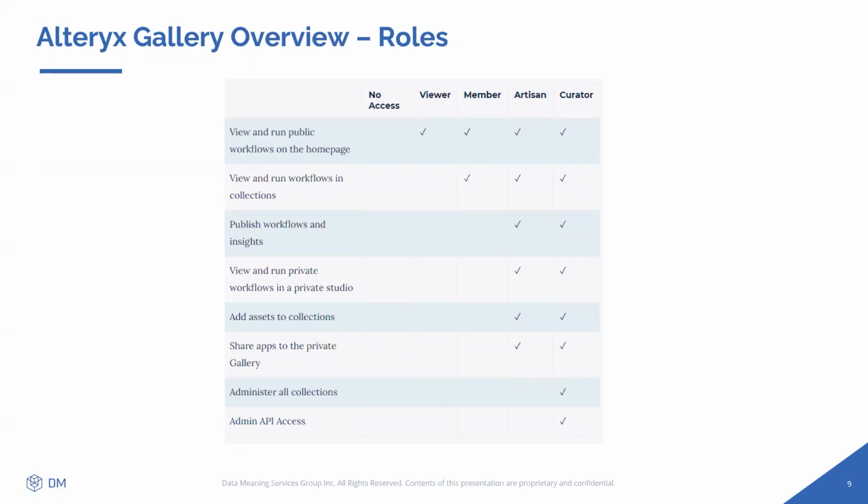Of course, everything related here, for example, for artisans to start creating collections or adding assets to collections, that's all manageable by the creator as well. So the creator can give or remove permissions from users, from artisans, or from curators as well. So that's the idea for the creator, to manage everything that is happening there.